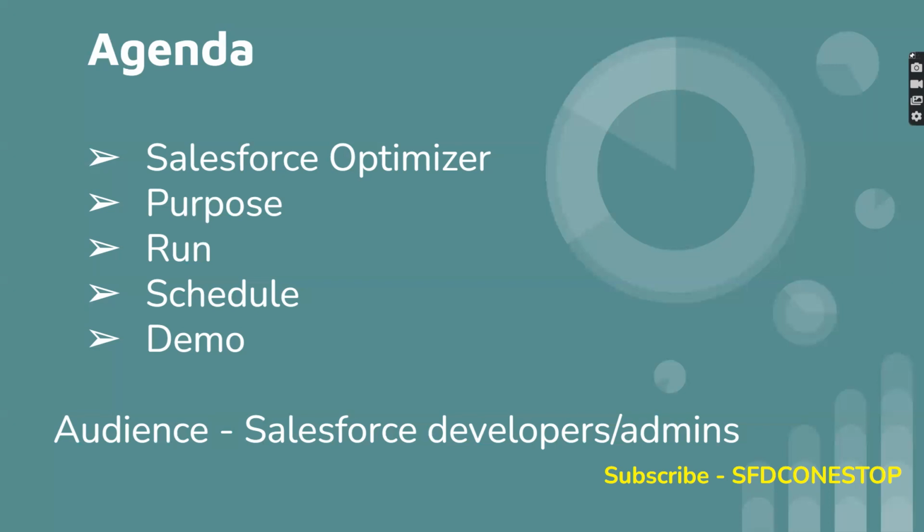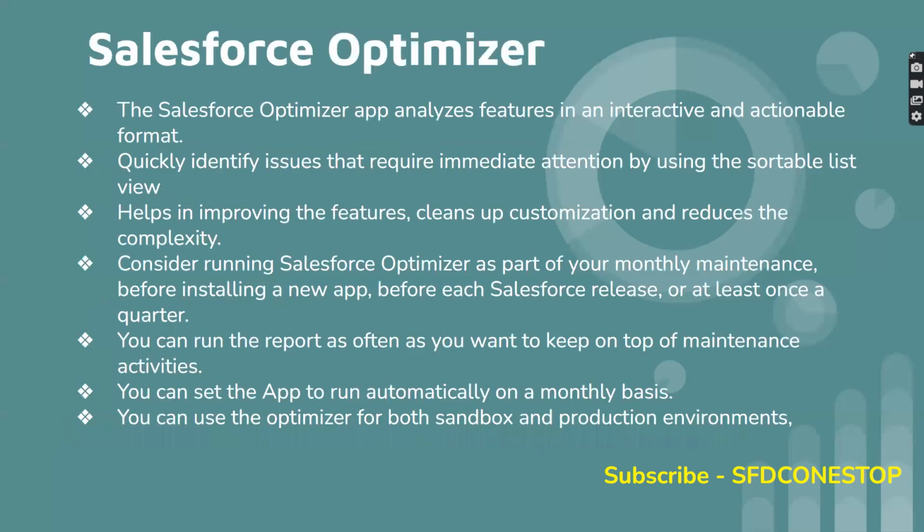So those are certain features. I will do a deep dive and make you understand what the different features are that Salesforce Optimizer helps us to identify the issues and clean up your organization.